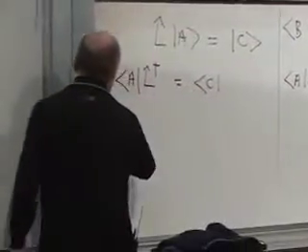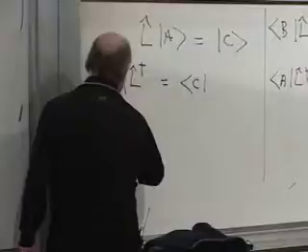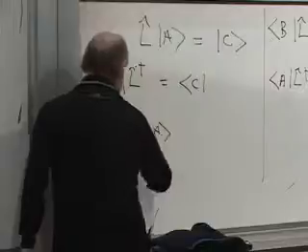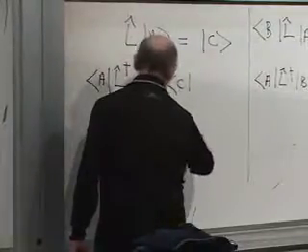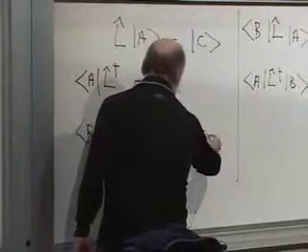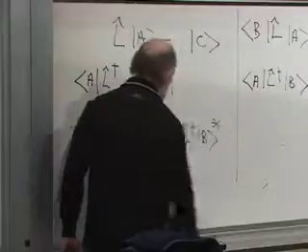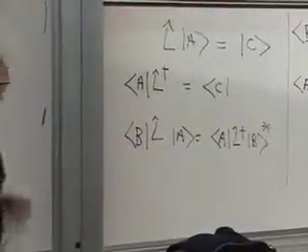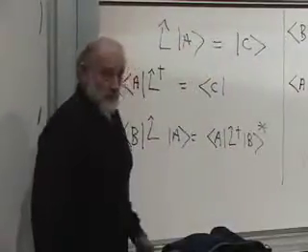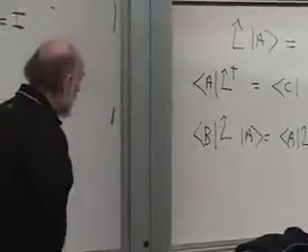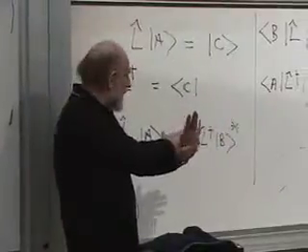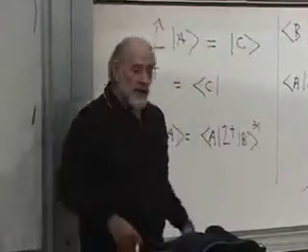And here it is right here: every matrix element of the original operator, L, is equal to the complex conjugate of the Hermitian conjugate, but with the bras and the kets interchanged. In other words, to go from an operator to its Hermitian conjugate, you interchange bras and kets and you complex conjugate.